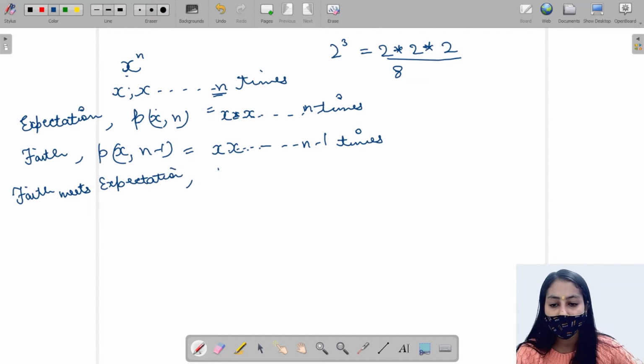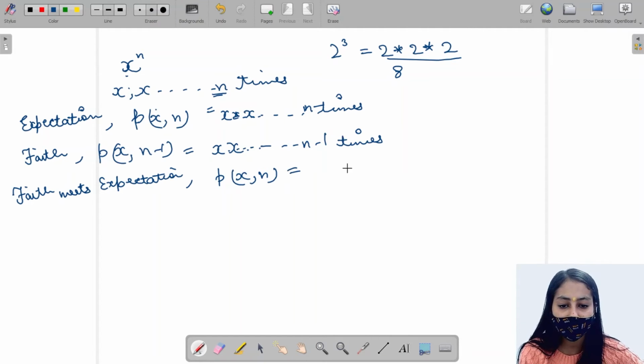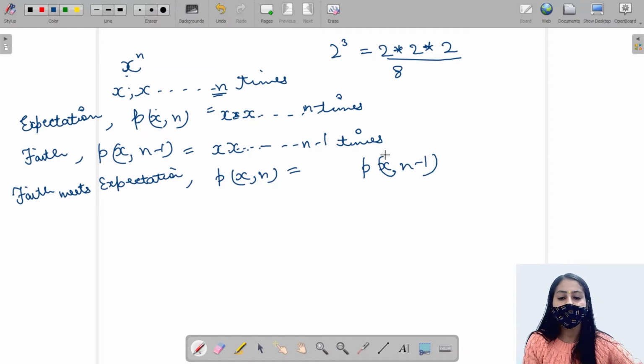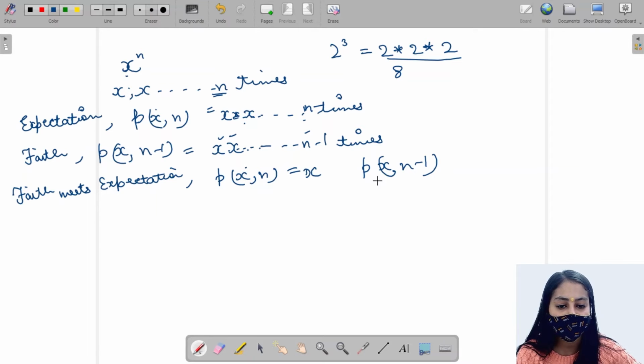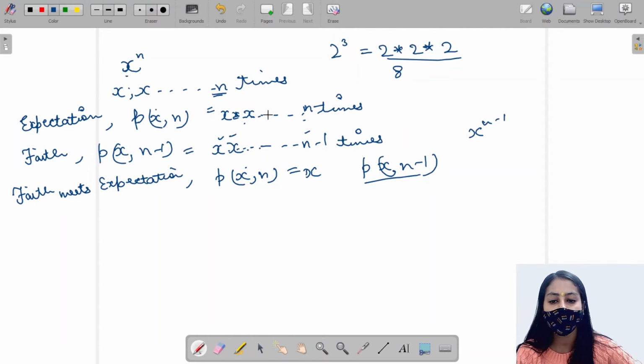Now we want power of x, n. This is power of x, n minus 1, which will return us x multiplied by itself n minus 1 times, but we want x multiplied by itself n times.